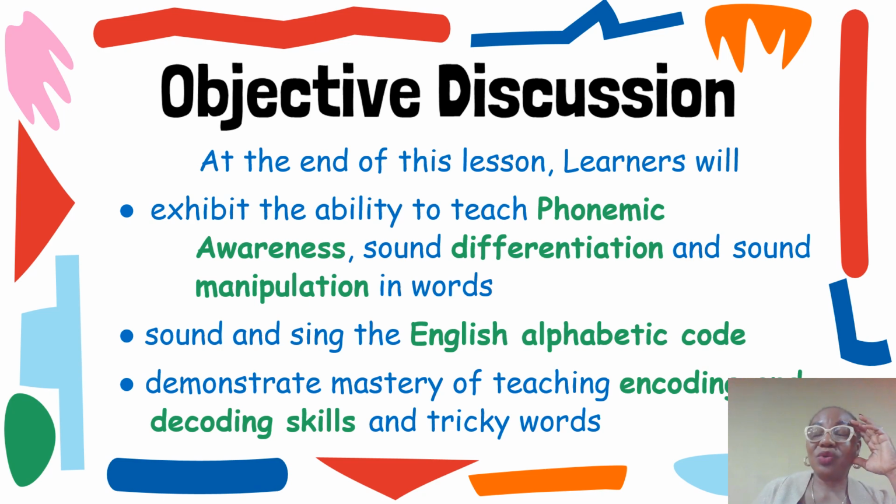So we'll be using the tune of the ABC song and trying to sound along. It's a very weird sound, but it's something that you could do and enjoy doing so that it can help you remember the sounds of the English alphabet, the simple code in this case. And then you demonstrate mastery of teaching encoding and decoding skills, and also tricky words.